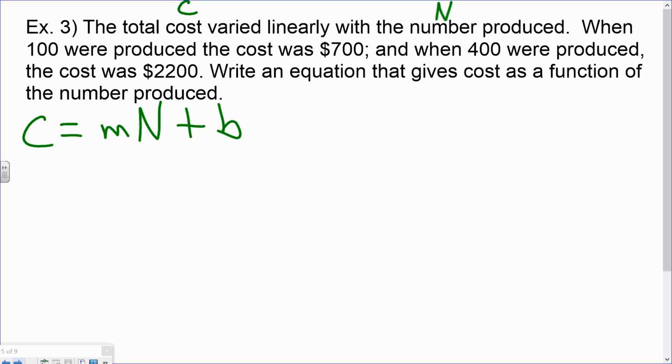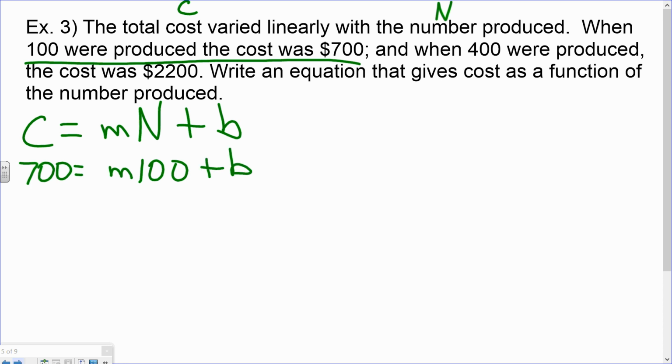When you have done direct, inverse, and joint variation problems, you've had one example, case 1, and then they've given you part of case 2 and asked you to find what's missing. So they more or less do the same thing here. Here is case 1. 100 were produced, so that's the number produced. The cost was 700. And we have that.